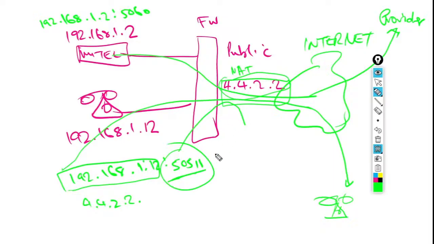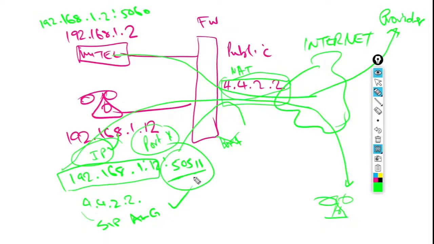But the way NAT does that, it wants to change this and assign it its own port number, so that it can tell that this is the traffic that has come from this source. But we don't want this to happen. We want only the IP part to be changed, and we don't want the port part to be changed. So this is where we want the help of SIP ALG. So we want ALG to be enabled.